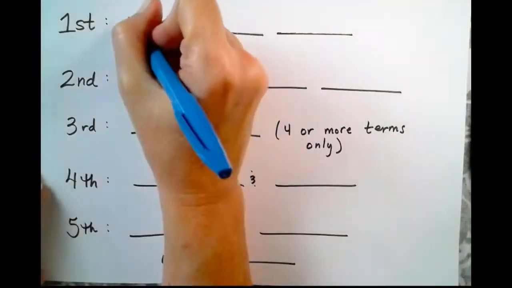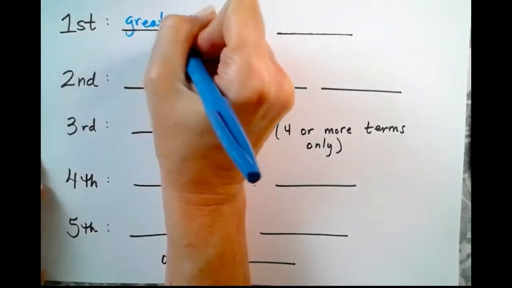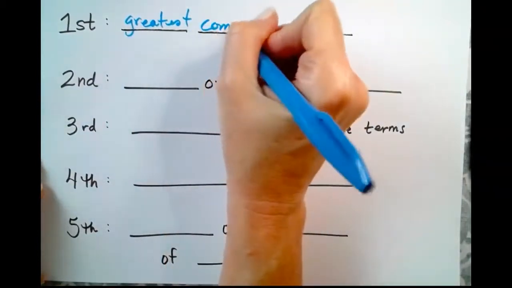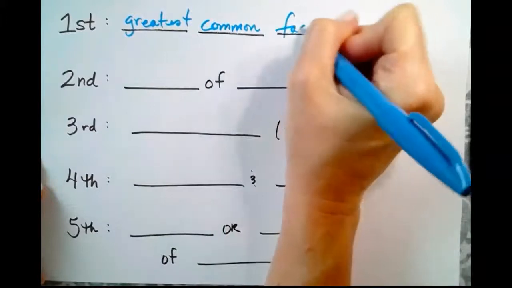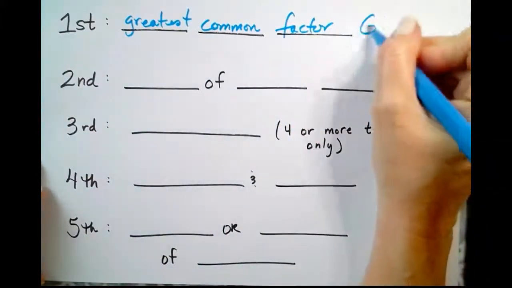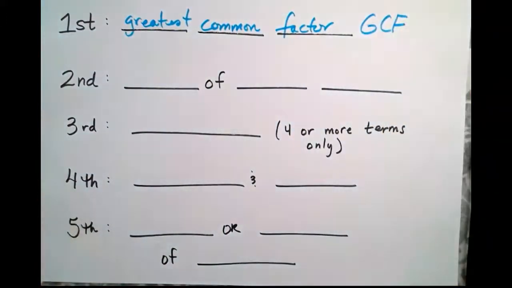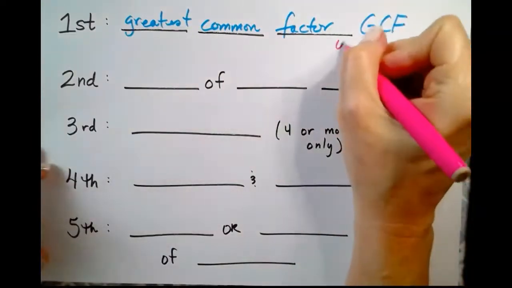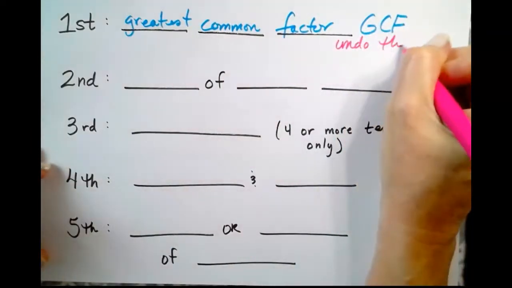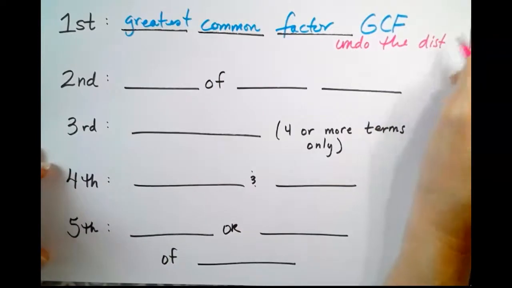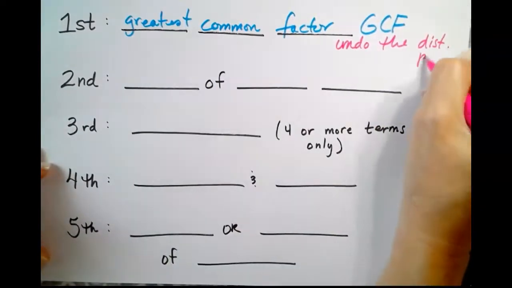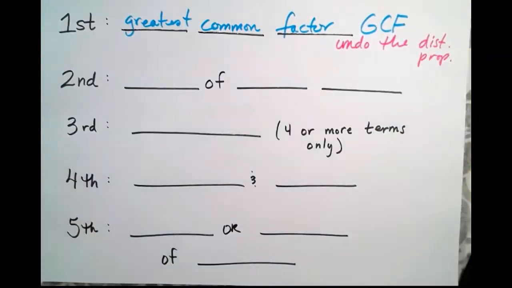We are going to look for a greatest common factor. And basically, if we're looking for the GCF, we're looking to undo the distributive property. That's the easiest way to think about factoring out a greatest common factor. We're just undoing the distributive property.